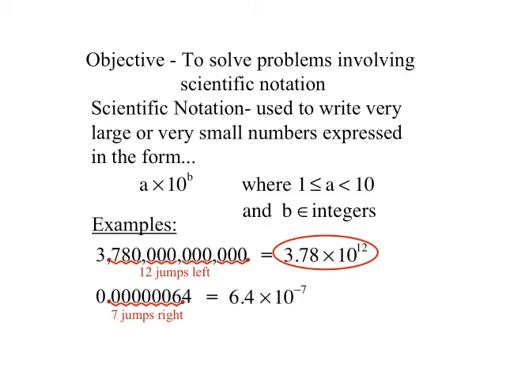Now I wrote the negative 7th power because that was a decimal amount. And remember, negative exponents are really fractional and decimal amounts. So anytime you have a decimal, it will be a negative exponent. Anytime you have a negative exponent and you're multiplying it the other way, it will be a decimal amount.